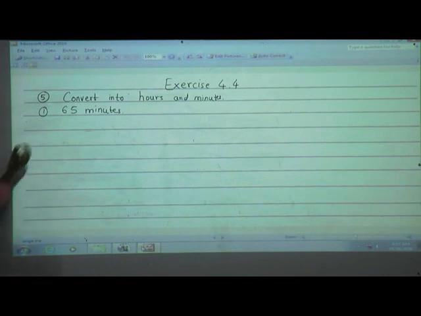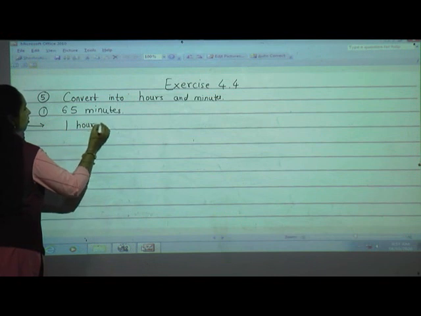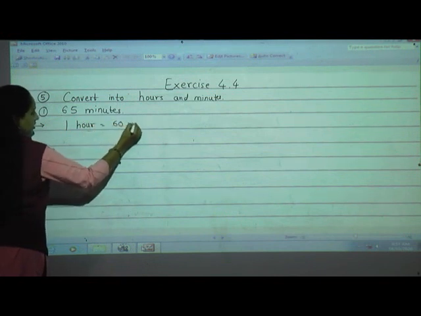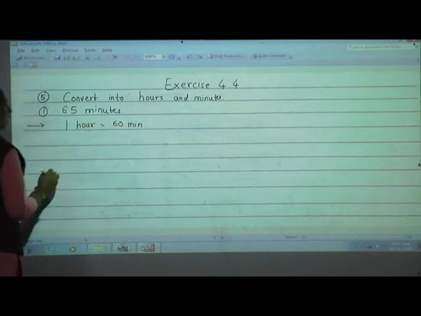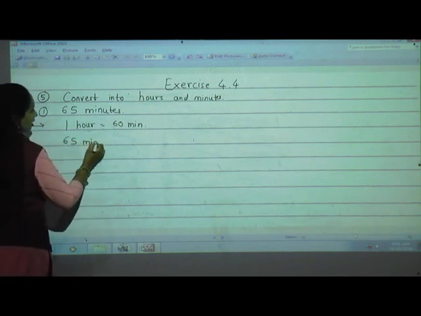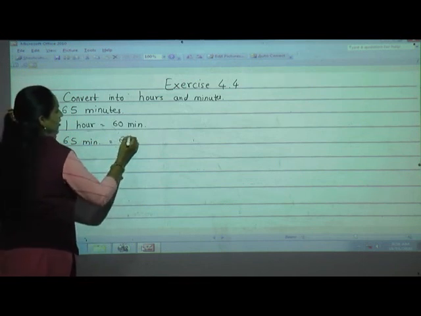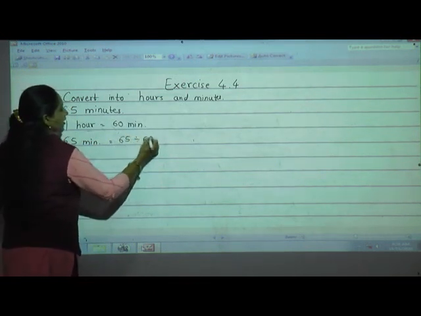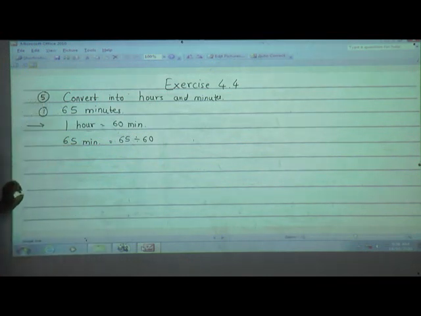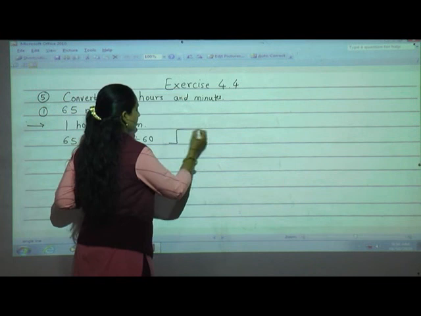See, you know that 1 hour is equals to 60 minutes. When you want to convert minutes into hours, 65 minutes is equals to 65 divided by 60. We have to divide by 60. So we will divide this.